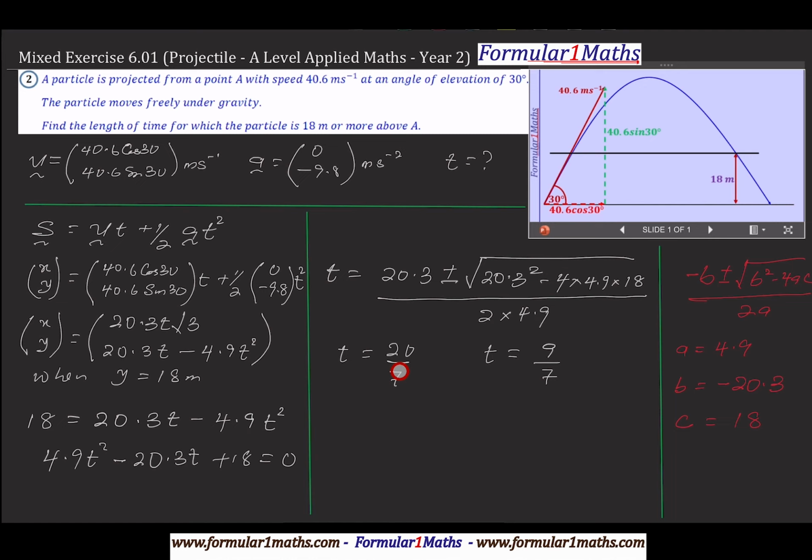If I do that, the length of time required will be 20 over 7 minus 9 over 7, which equals 11 over 7 seconds, and that will be 1.57 seconds. And this is the time required. So this is question 2.